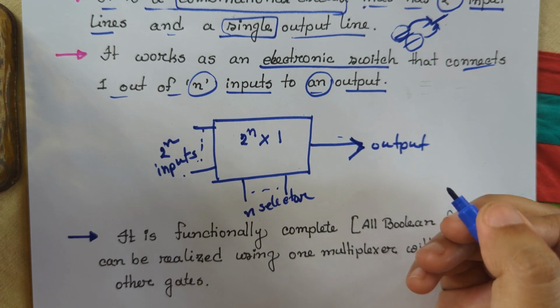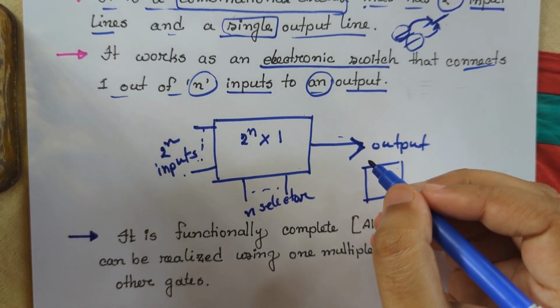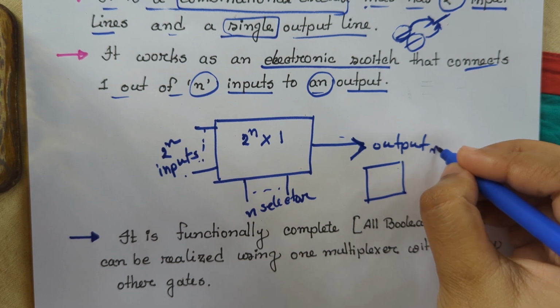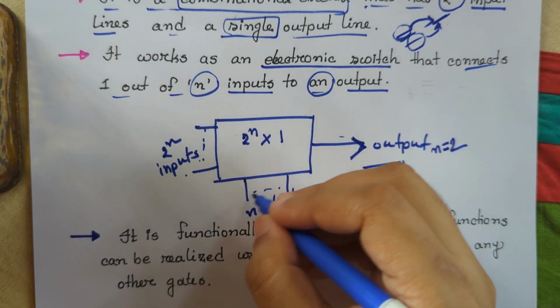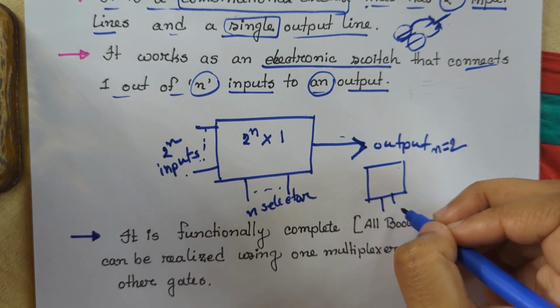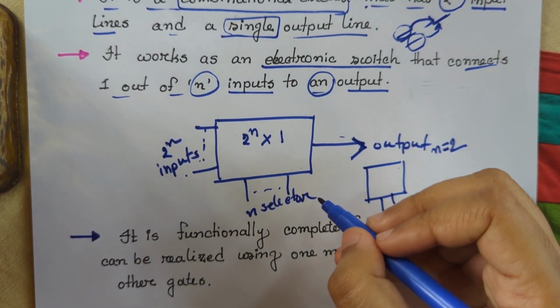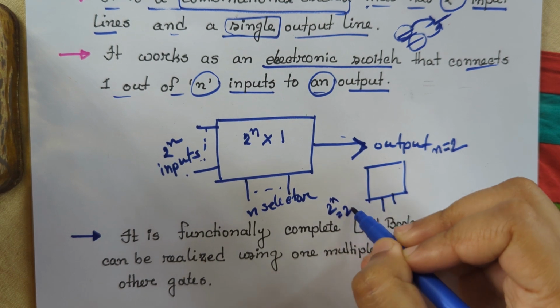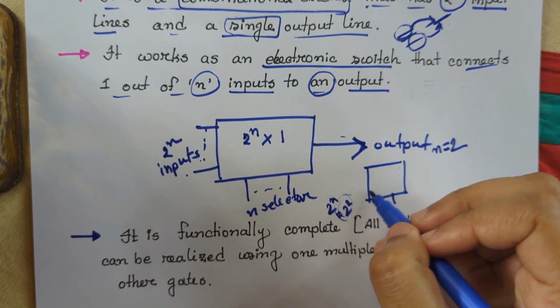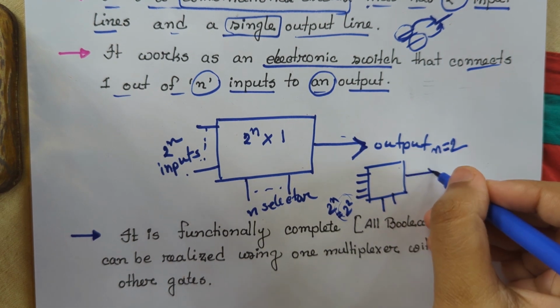Let's see an example. Suppose this is a multiplexer where n equals 2. We have said that there will be n selectors, means there will be 2 selectors, and the combination of these selectors gives 2 to the power n, means 2 to the power 2. That means here will be 4 input lines and only one output line.